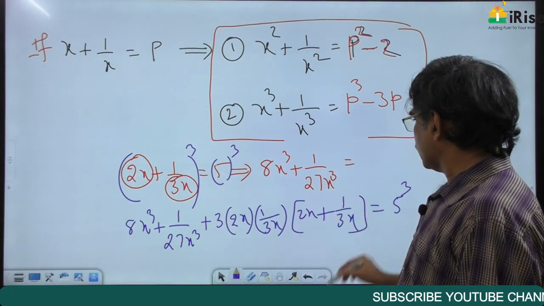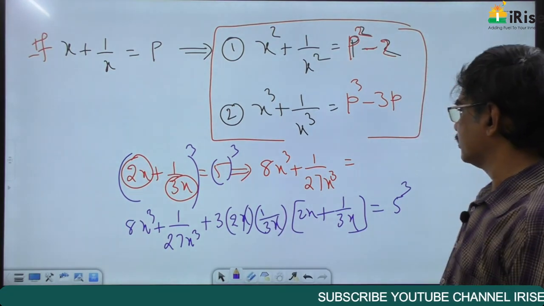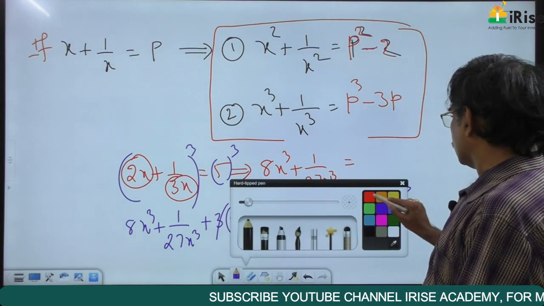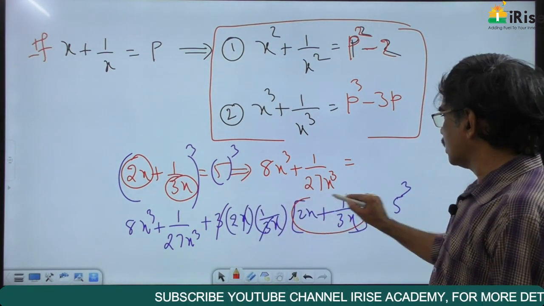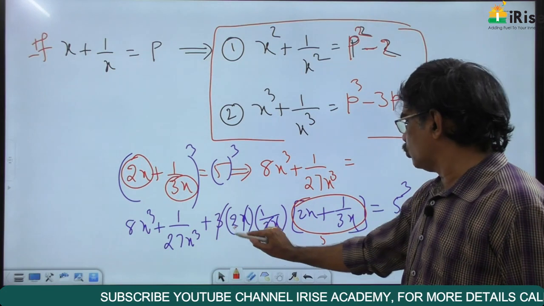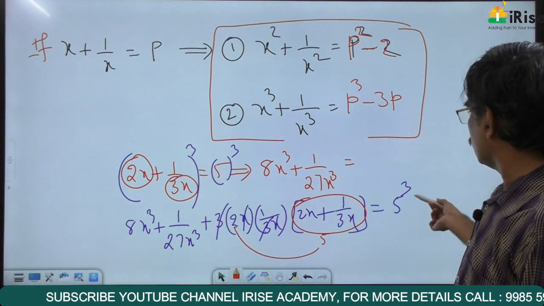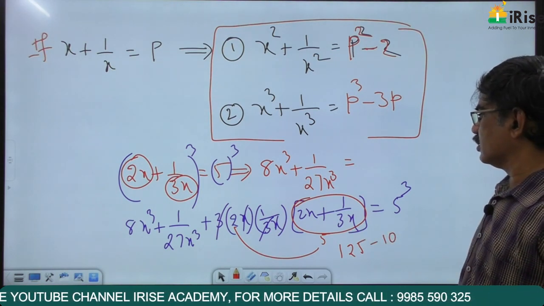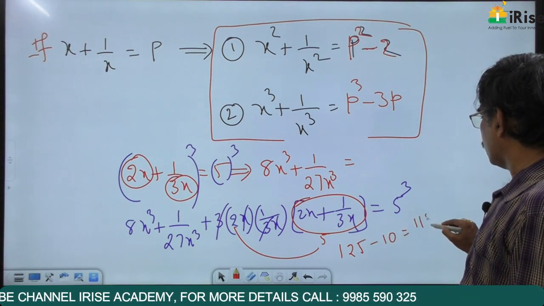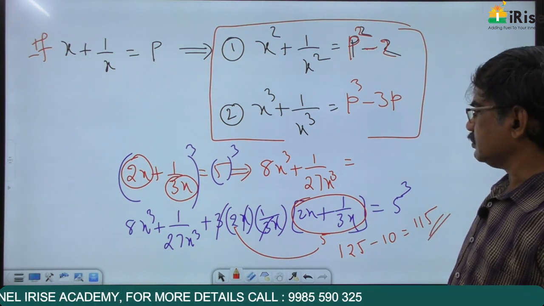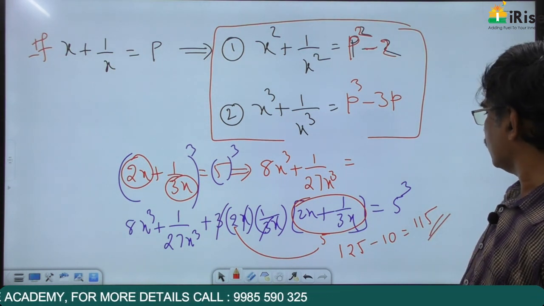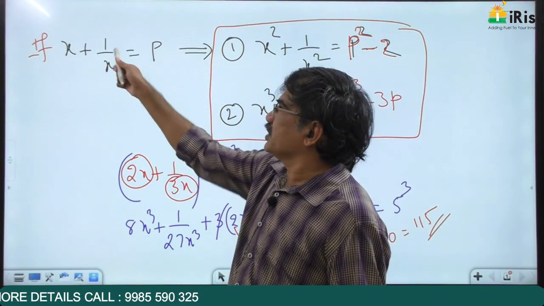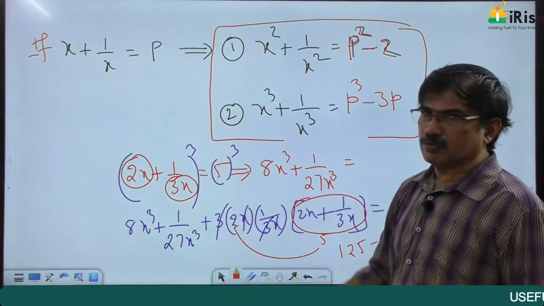Here x cancels, 3 cancels. Already we know this value is nothing but 5. 2 into 5, 10. 5 cube, 125. So the answer is 125 minus 10, which is equal to 115. If this form is given, then only you have to use these two formulae.